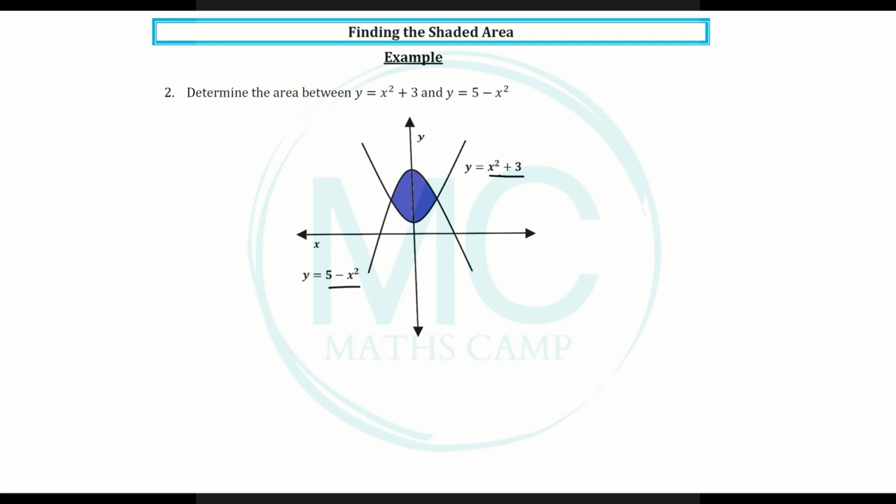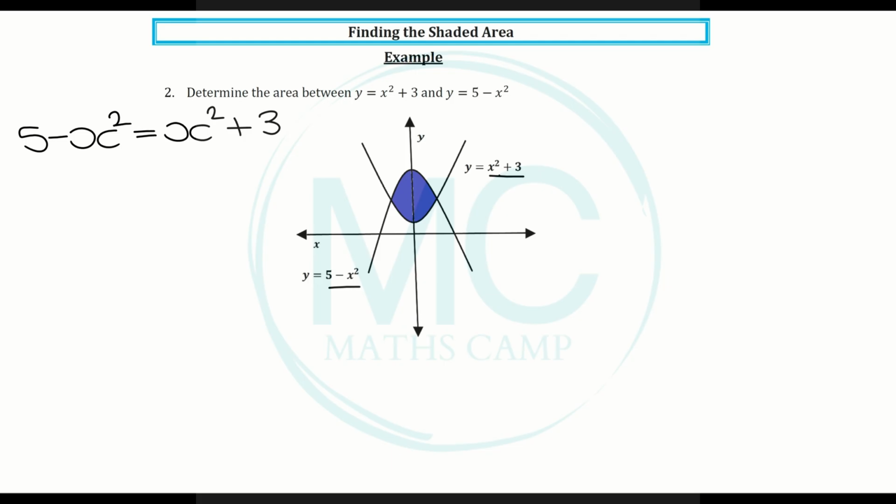So we need to make these equations equal. So we have, let's use 5 minus x squared. We can make this equal to the second equation, x squared plus 3. Because we have a quadratic, we need to move all of the terms to the same side of the equal sign. But we've got squared terms on both sides. The rule says that you move all the terms to the side where the x term has the higher coefficient.